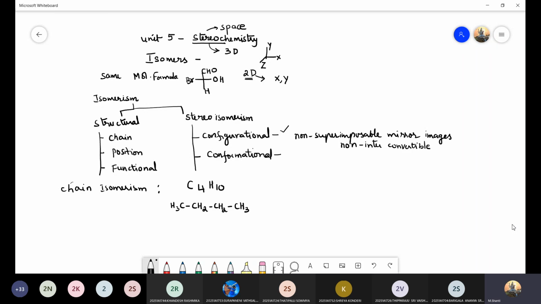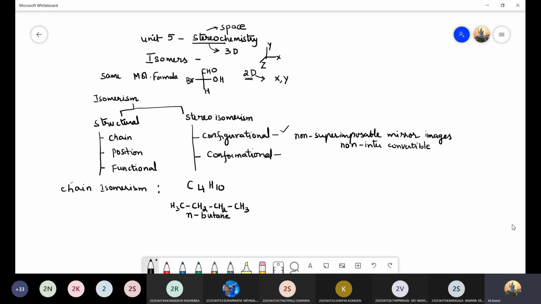This is one way of arranging the carbon atoms in a straight chain. N stands for what? N is normal butane, where all the carbons are in a straight chain.